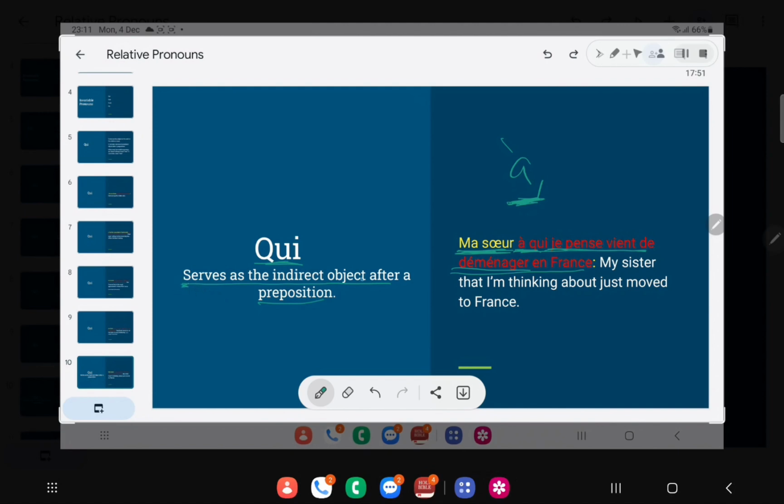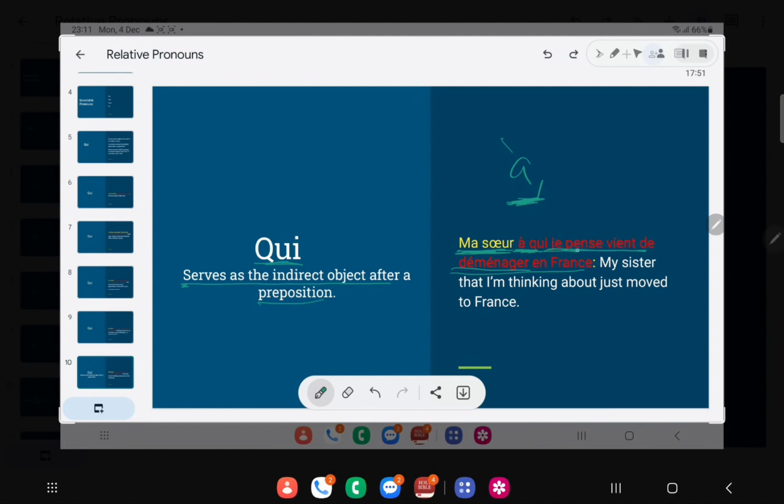Now let's go back to the left side here. Qui serves as the indirect object after a preposition. So in this instance, qui is not functioning as a subject. Rather, it is functioning as an indirect object because the verb here, penser, is being carried at it.